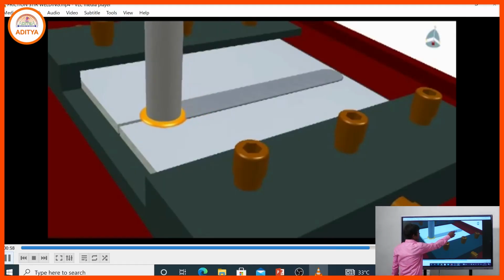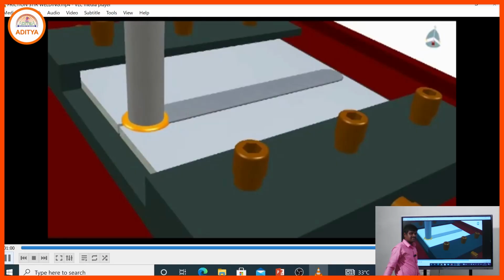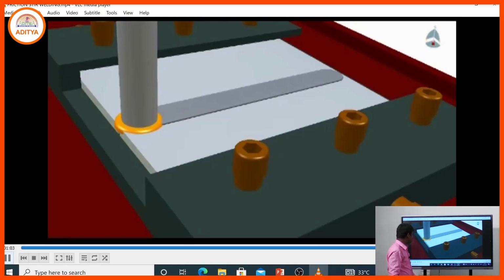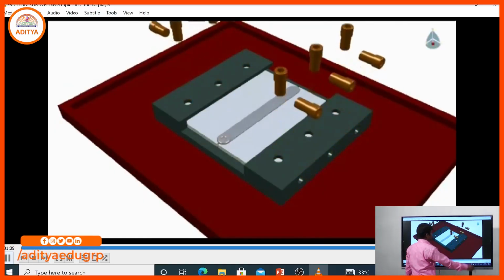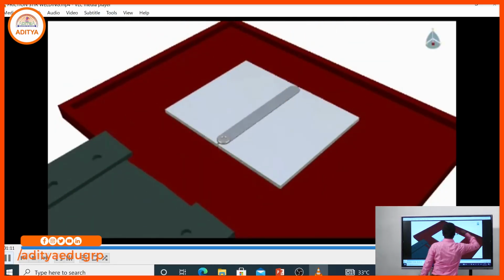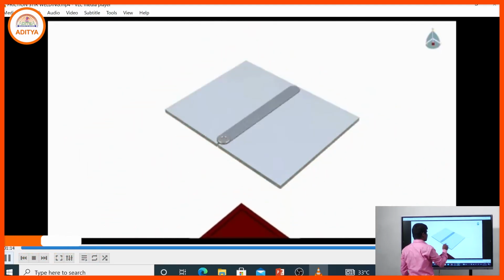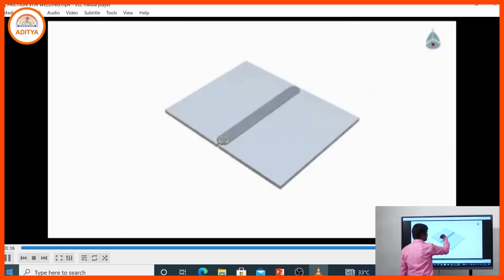Very good quality welding faces are generated in this process. Then after welding we remove all the clamping devices. Finally we take out the plate.